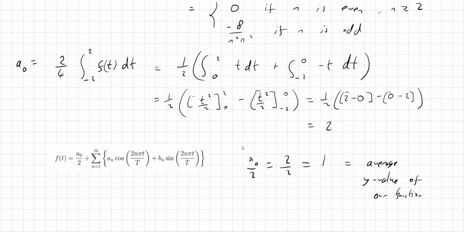Obviously, if the graph is really obvious, you could just write down a0 over 2 equals 1 straight away. You wouldn't actually have to do this long a0 calculation.